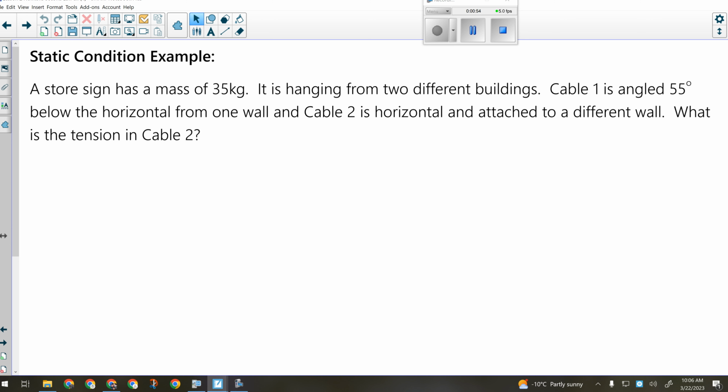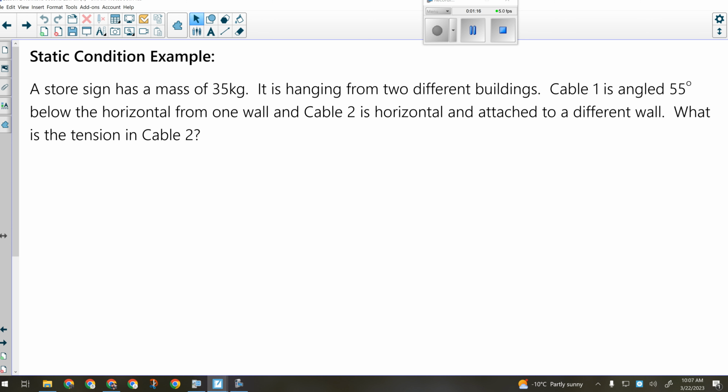Those two situations are generally governed by Newton's first law, because the net force in those situations is what? Zero. Okay. We're talking about a situation where the net force is zero.